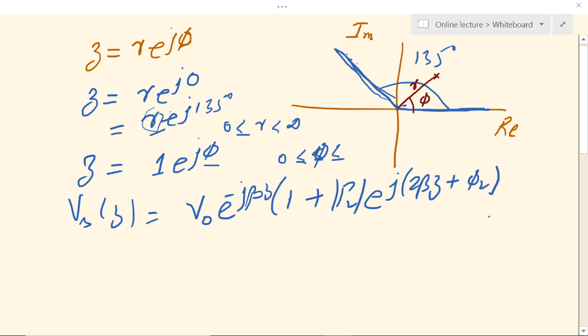Now here you have two complex numbers. The magnitude of the first part is V naught, and then you have to take the magnitude of the sum of the two complex numbers.